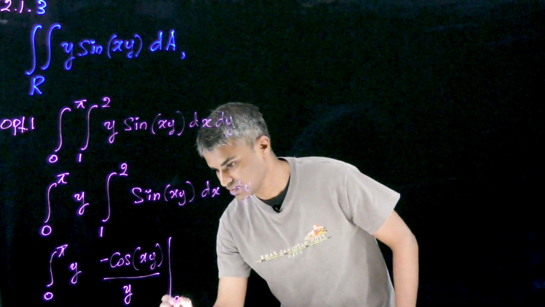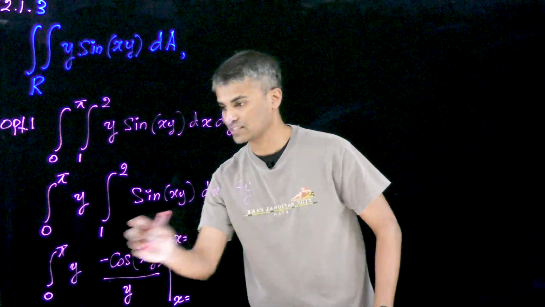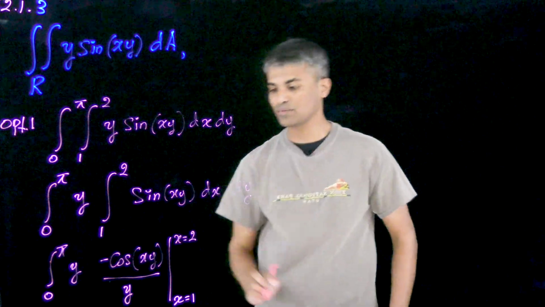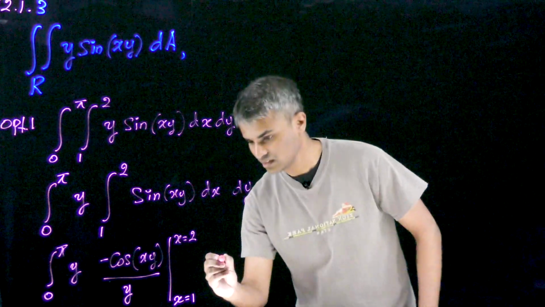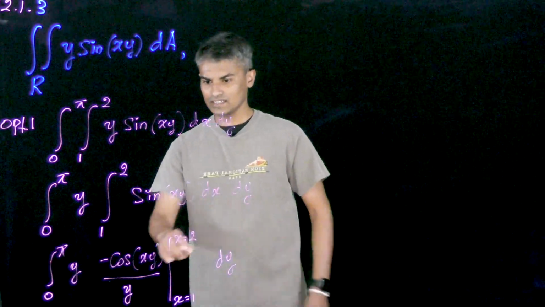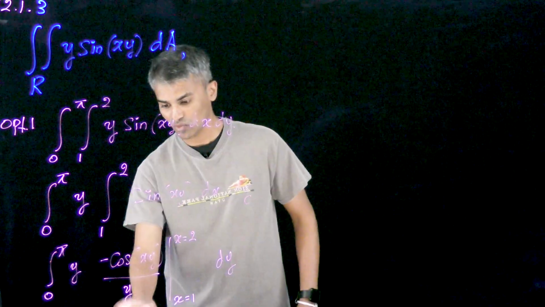Now we have to evaluate this result at x equals 1 and x equals 2. Your lower limit is 1 and the upper limit is 2, dy. Now, in the numerator I have y and in the denominator I have y.